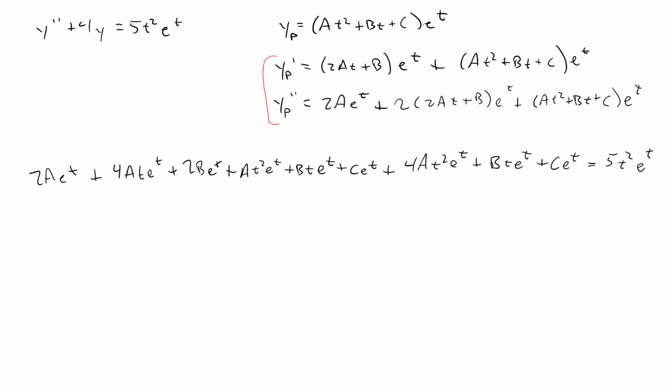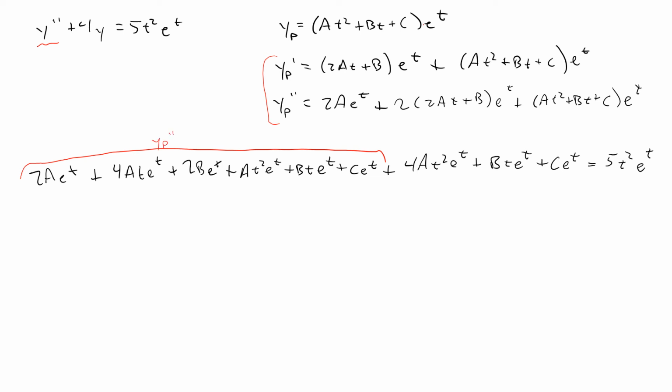Now, the next line, this whole big mess, is really just a matter of plugging things into the differential equation where they belong. So according to my differential equation, I should be doing y double prime, so I take this yp double prime, that's what this whole big chunk here is. That is my yp double prime.